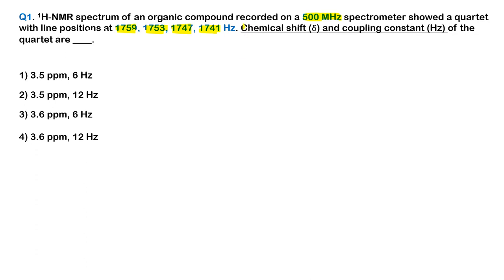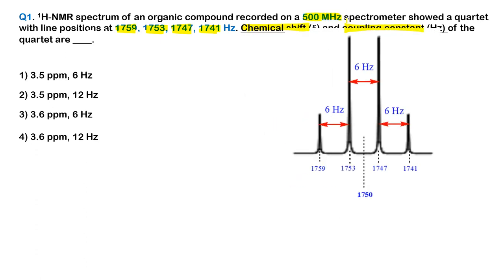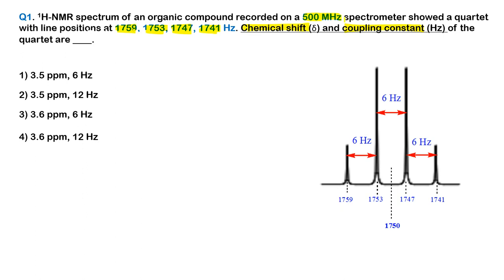First of all, we need to identify the chemical shift and the coupling constant for this quartet. As we know, the quartet is a splitting pattern where we get the separation of the lines at equidistant positions. And these four positions are already provided. That means 1759, 1753, 1747 and 1741.